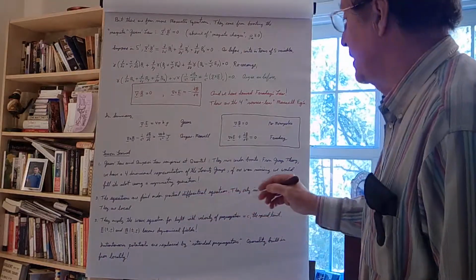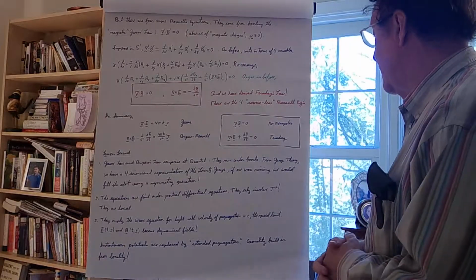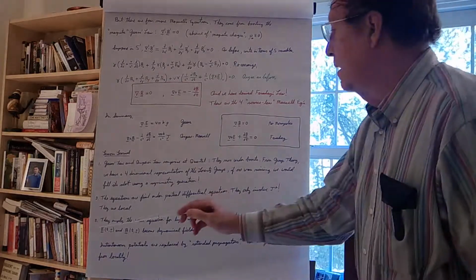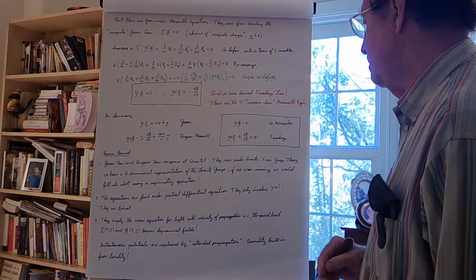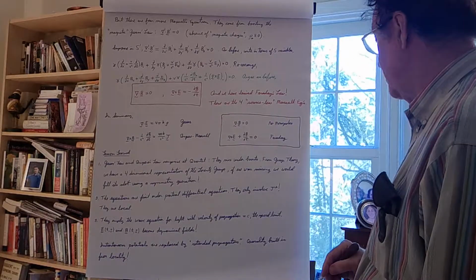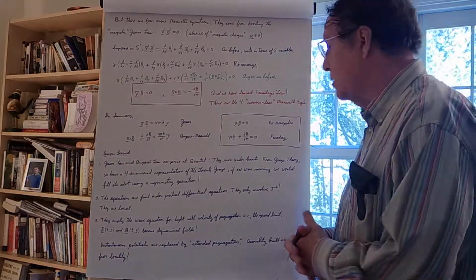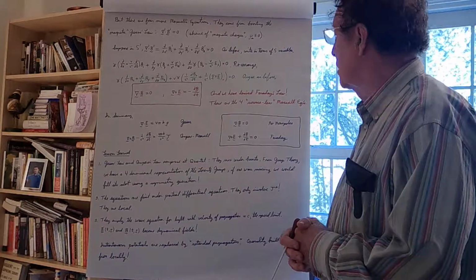These we'll see in the next lecture. These imply the wave equation for light with a velocity that's equal to the speed limit. The electric and magnetic fields become dynamical fields. Instantaneous potentials are replaced by retarded propagators, and causality is built into these equations from their local properties.